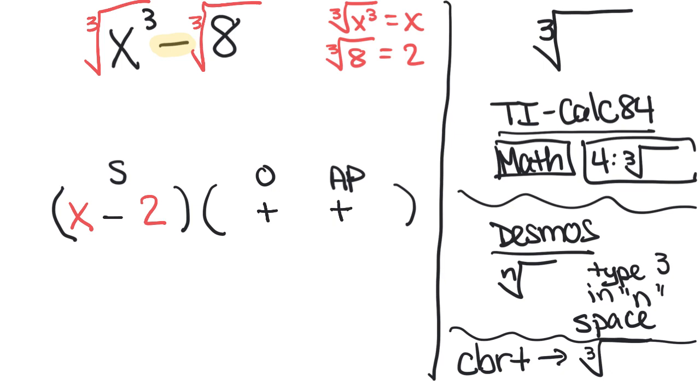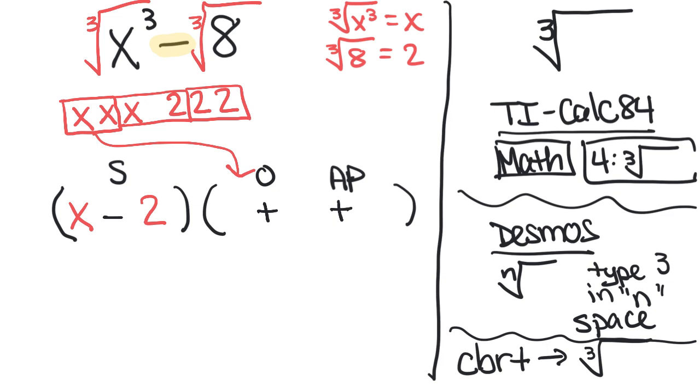To figure out these other 3 spaces, because we're working with cubics, we're going to write down our cube root 3 times. So x, 2, 2, 2. And then we're going to split them into 3 groups. So group 1, group 2, group 3. We're just going to go in order. Group 1 goes in space 1. Okay, x times x is x squared.